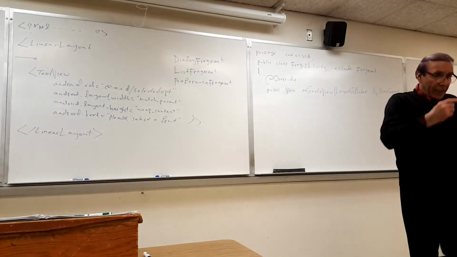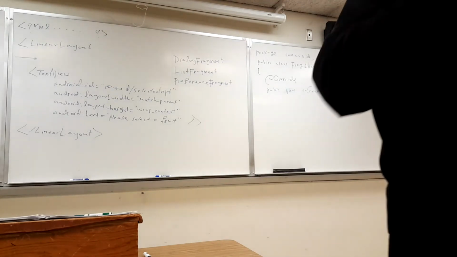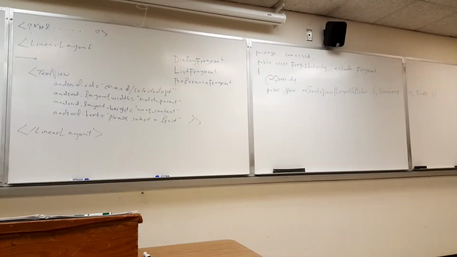one of the big differences between activity and fragment is that activity comes with its own context. It means you don't need to create a context, right? But fragment doesn't have any context. You need to create your context, okay? Activity is subclassing the context class internally.